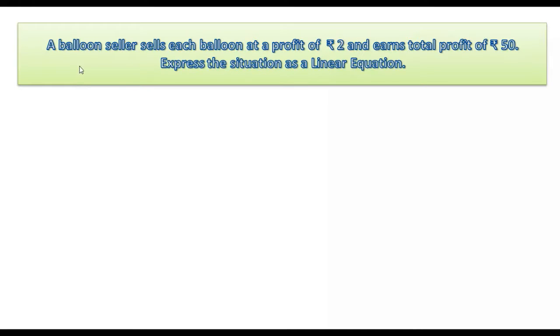That means we have a balloon seller selling balloons, and on each balloon he gains a profit of rupees 2. You don't know the selling price of the balloon, but whenever he sells a balloon, he gains a profit of rupees 2, and he earns a total profit of rupees 50.